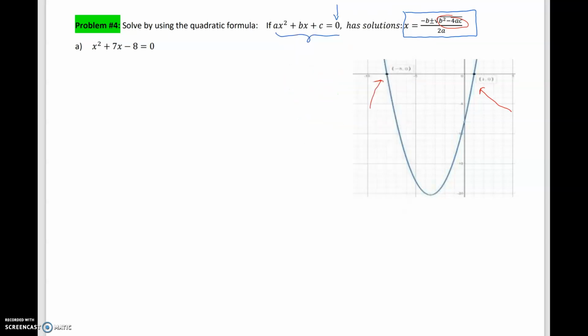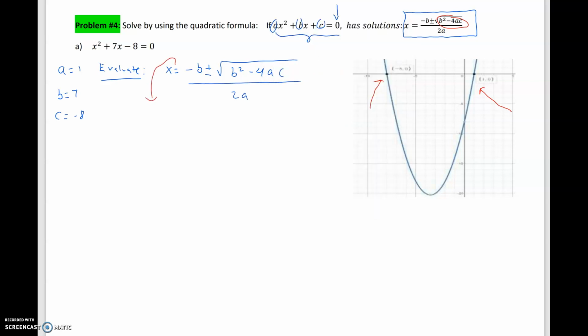In this particular case, as we solve by using the quadratic formula, we first have to identify a, b, and c. The value of a is equal to 1, b is equal to 7, and c is equal to -8. Then we're simply going to plug it in. x is equal to -b plus or minus the square root of b squared minus 4ac, divided by 2a.